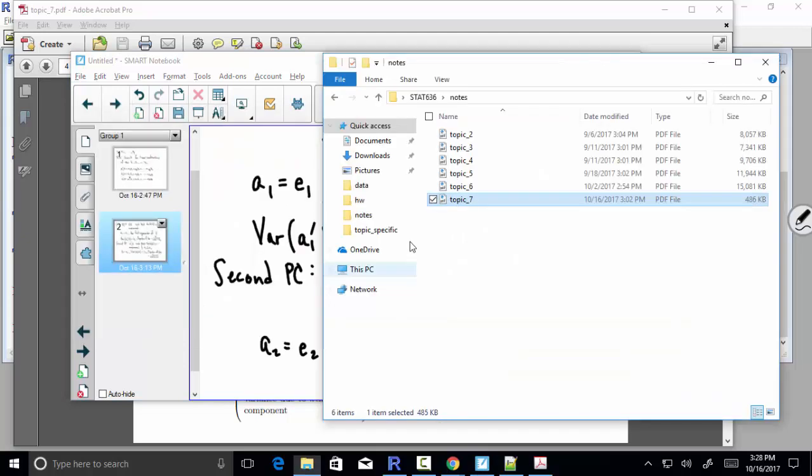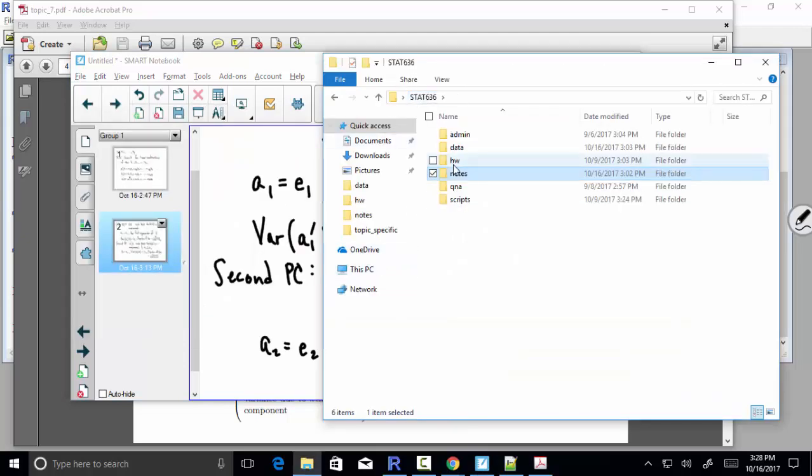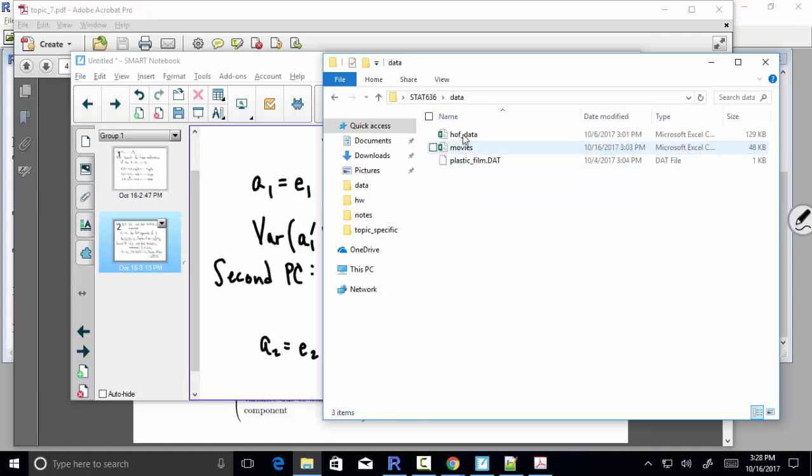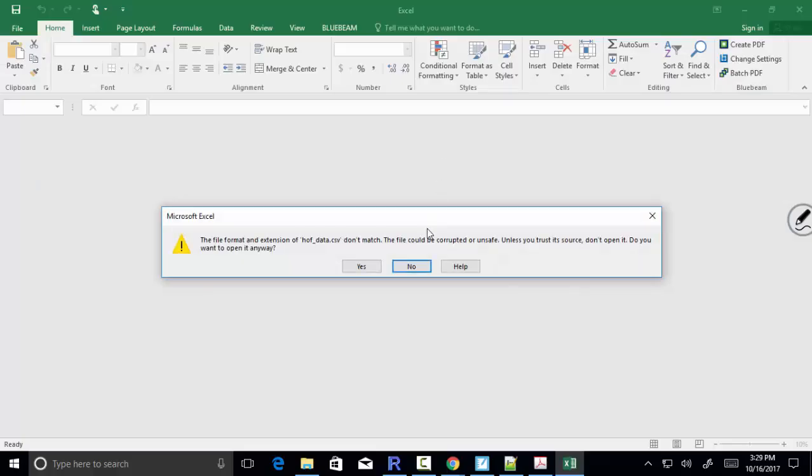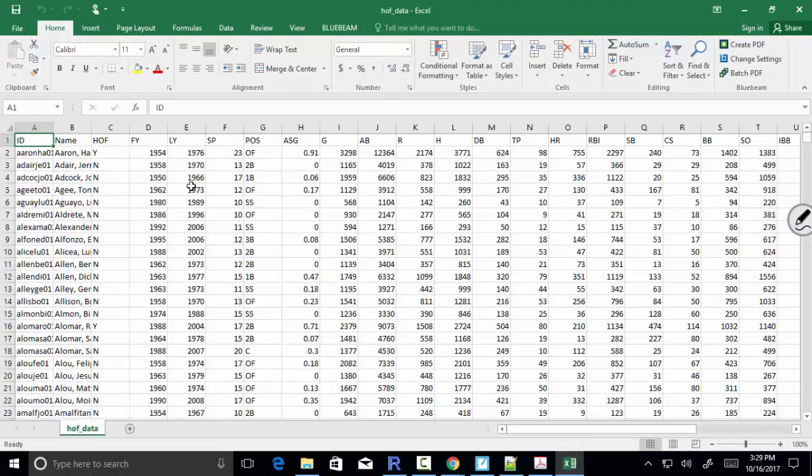So let me go to the data set we saw in the lecture video. That was the Hall of Fame data. Let me open these up. So here's the baseball data I was mentioning. We have a bunch of players.